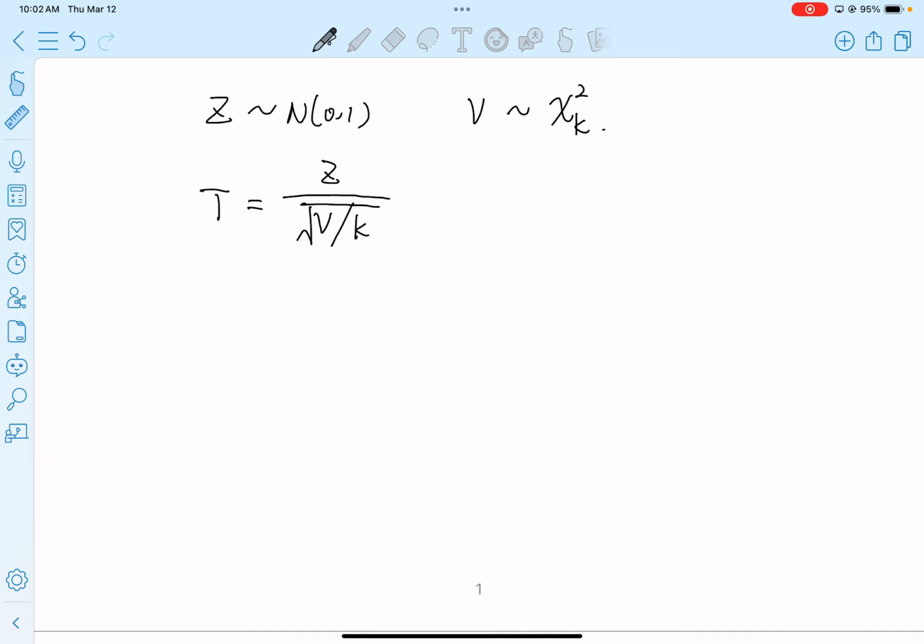So first of all, we are going to obtain a joint distribution. That means we need another transformation. For simplicity, we can just introduce another transformation S and let it equal V. The strategy is that we first find the joint distribution of T and S through the method of transformation.